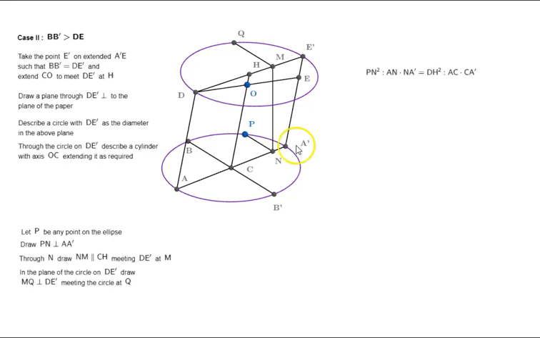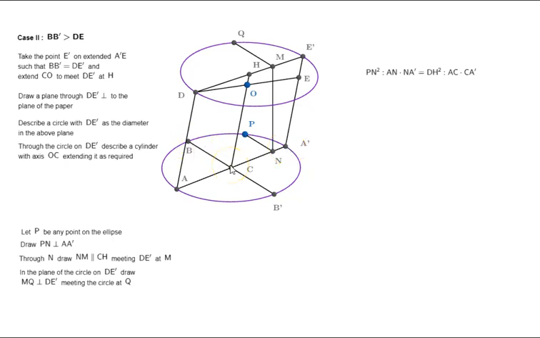How did we get this? Because remember, DE prime is equal to BB prime. That means BC is equal to DH. Now, BC square is equal to AC times CA prime. Since DH is equal to BC, we can say DH square is equal to AC times CA prime.